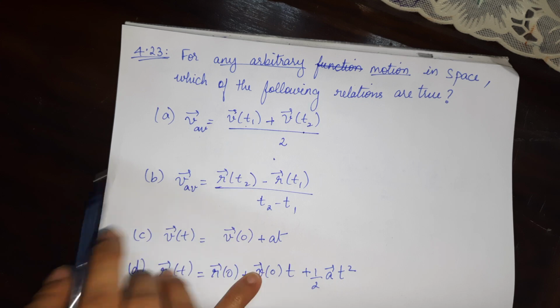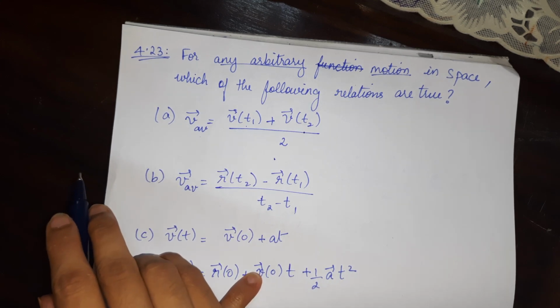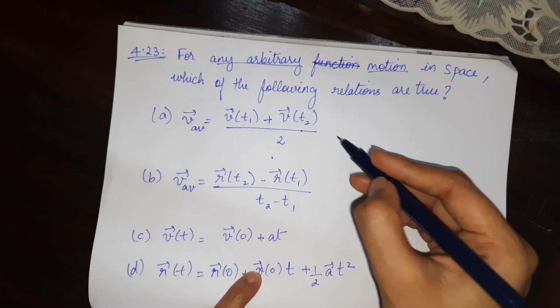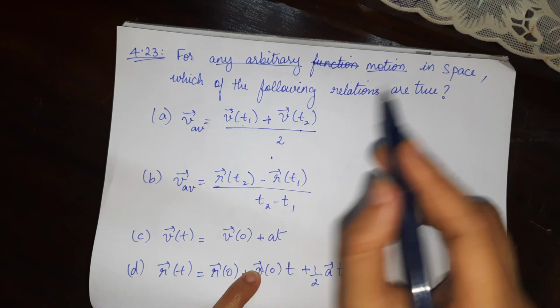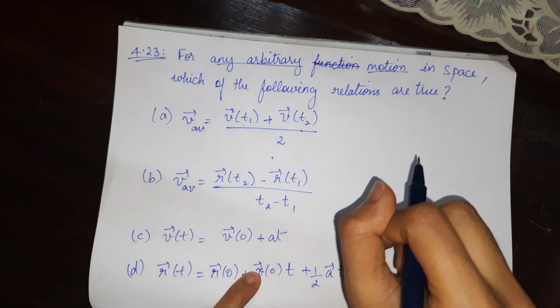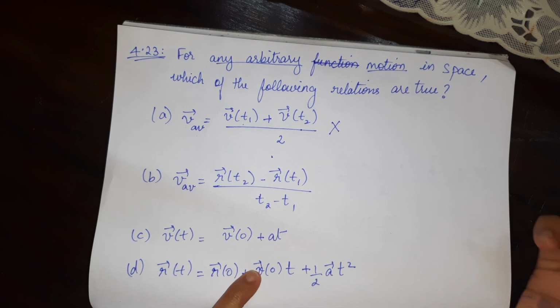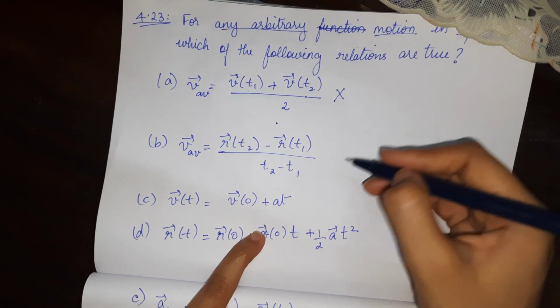So this equation will be true only for constant acceleration type of motion. So it is not true for any arbitrary motion. It is true only for the motions where the acceleration is constant. So this is not holding true for any arbitrary motion. Then what about the second one?